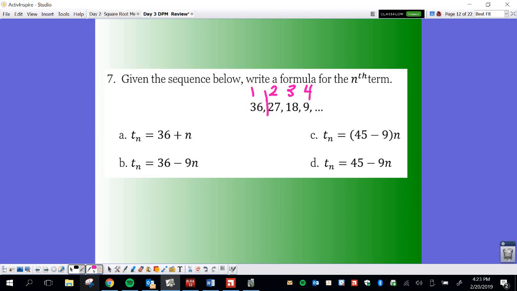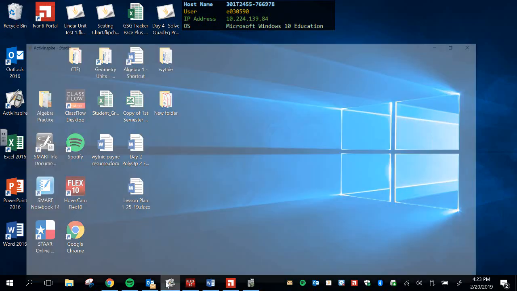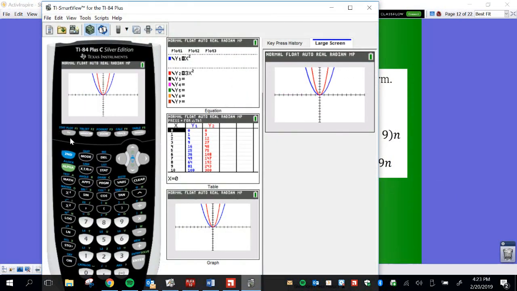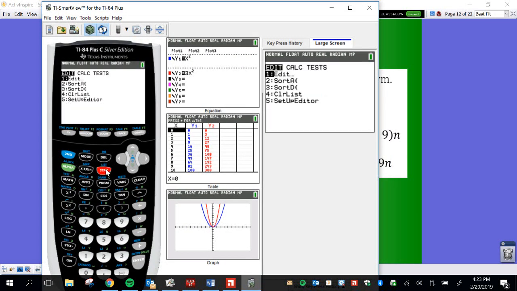So using that, I can set up a table of X and Y values. So now, using that information for that table, I can go to my calculator here, and this time I'm going to hit Stat and Edit and hit Enter.